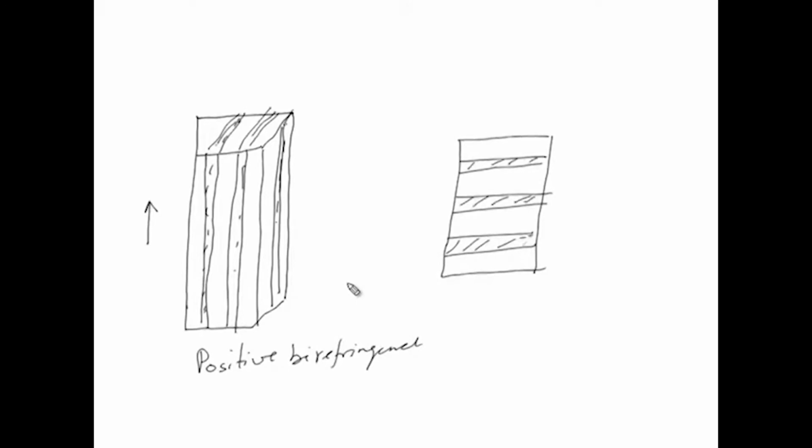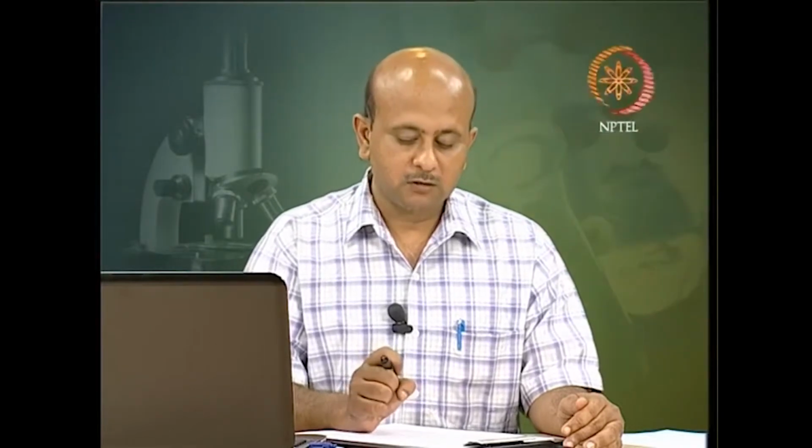So, this could be another arrangement, and this is called negative birefringence, and here the vector will be in this direction, which will be passing through the negative birefringence. So, you have two kinds of arrangements: positive or parallel arrays which show positive birefringence, and the negative, or stacked discs, which show negative birefringence.